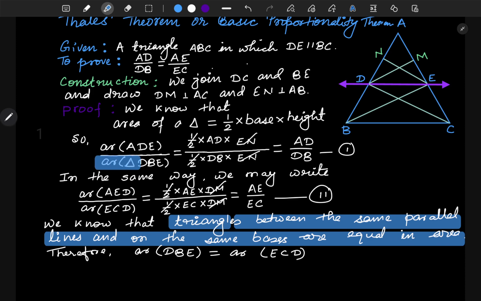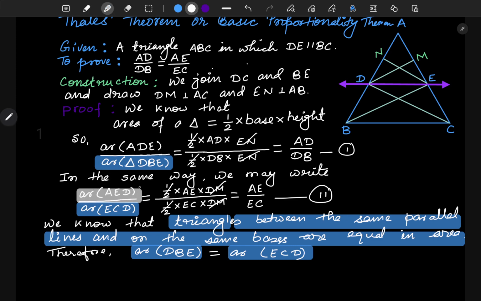So this DBE and ECD are equal in area using this theorem, and the above one, ADE and AED, are the same thing only. So we suppose this one is the third equation.